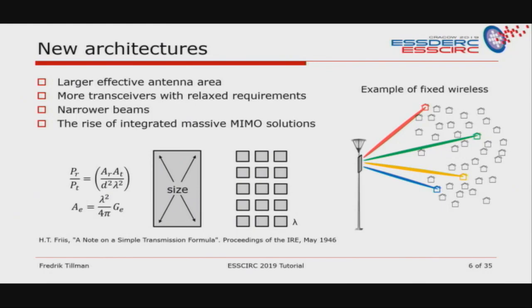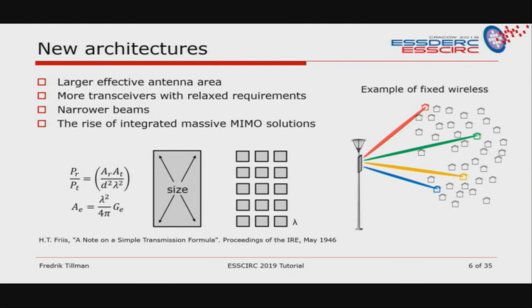We're using the classic Friis formulas from the 40s, and we see that if you scale up the antenna element on one side, keeping the aperture that is lambda dependent to the square, the link loss will basically be kept the same. On the other hand, if you're able to scale up both the receive and transmit antenna, then you would actually gain. So this is the traditional solution that we all are targeting today for these kinds of systems.